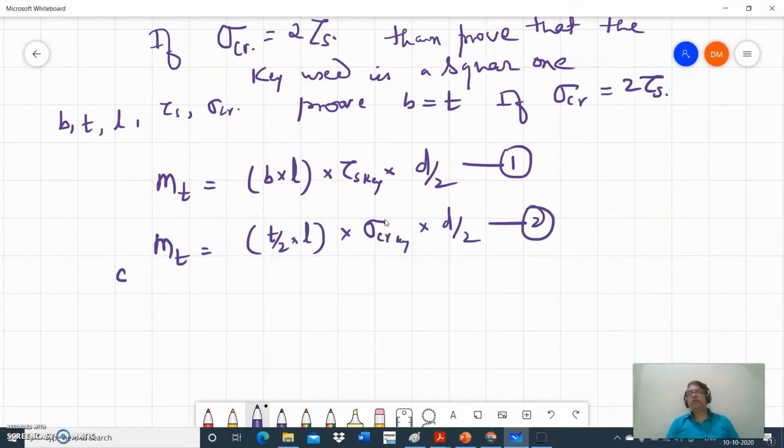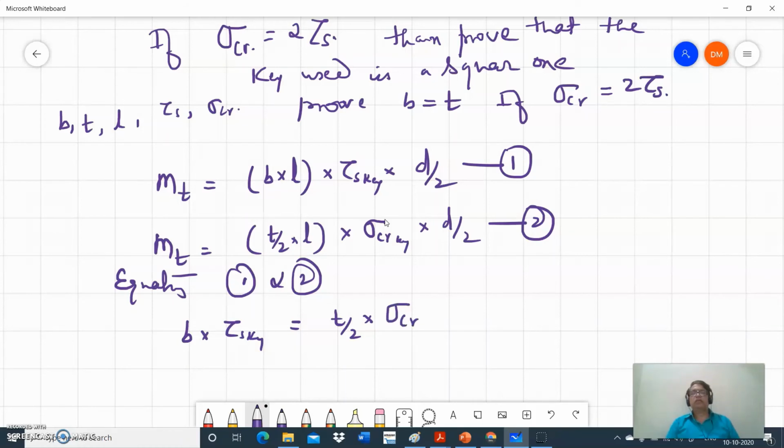Now equating 1 and 2, what can we get? Here D by 2 gets cancelled out, L gets cancelled out. So what is remaining here? B into tau S for the key is equal to T by 2 into sigma CR.